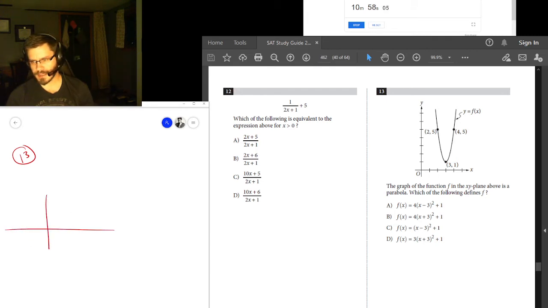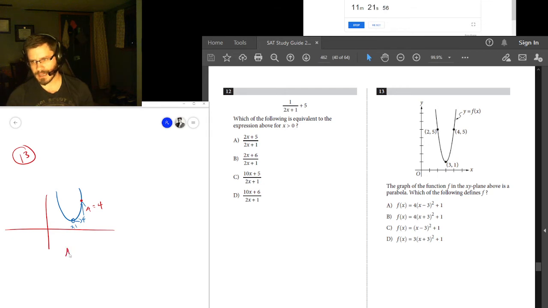A neat trick on this is if I go to 3, 1 there, and I go over 1 unit to 4, it'll go up the same value of that coefficient, whatever it happens to be. So we go up to 4, 5, so I know that this coefficient is equal to 4.